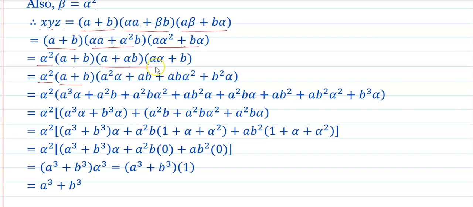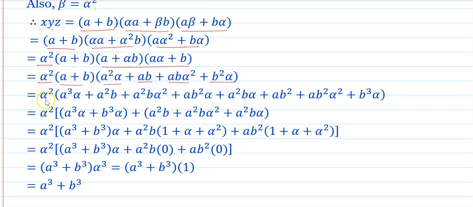Now the product of these two brackets. a into a alpha, you will get a square alpha. a into b, you will get here ab. Alpha b into a alpha, their product is ab alpha square. Alpha b into b, you will get b square alpha. Okay, this is the first one.